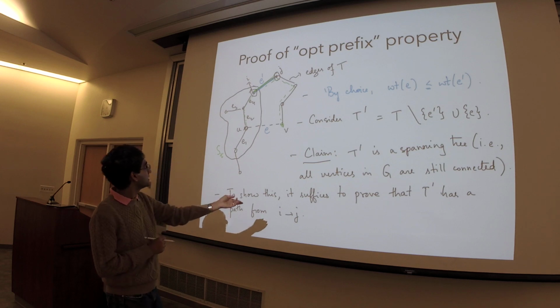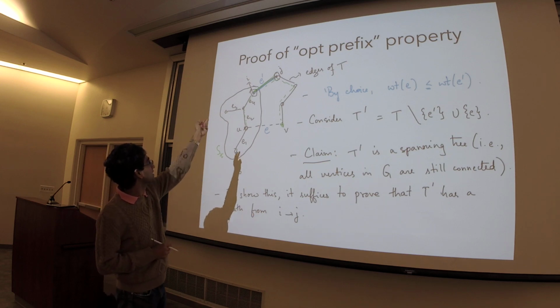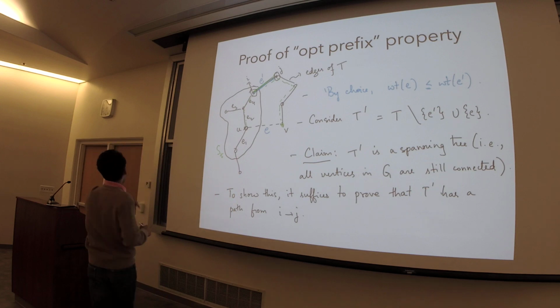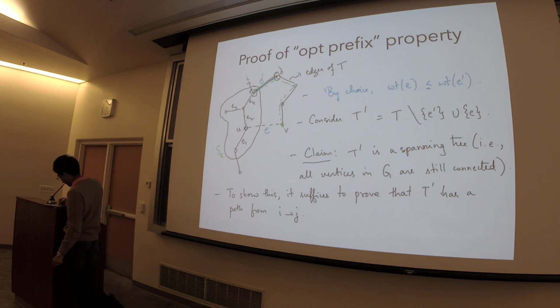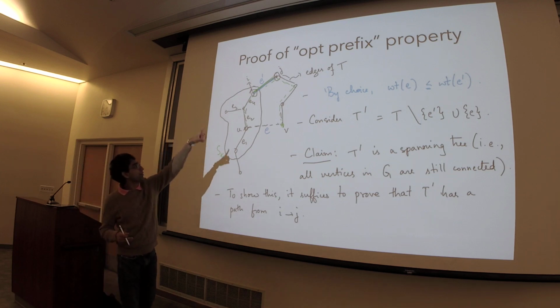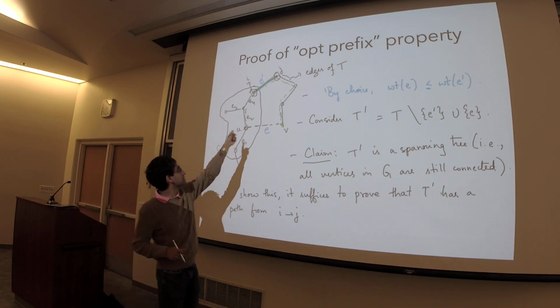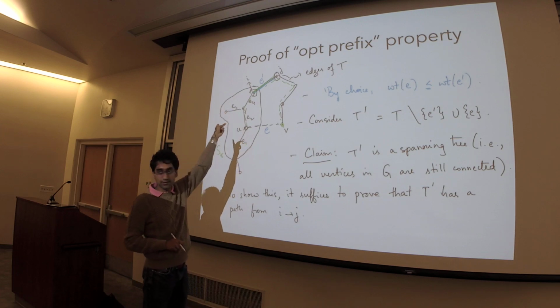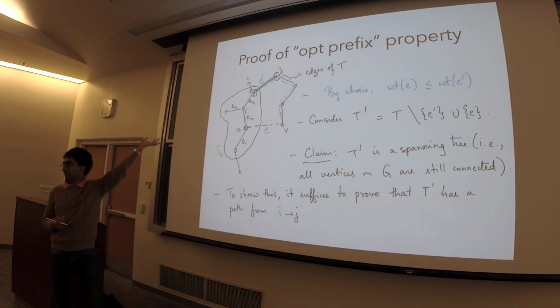Okay, and now this is clear, right? Because I removed this edge, and so now from I to J there is a path that basically goes around. It uses E instead of E prime, and it uses all the other edges that are already in the path.